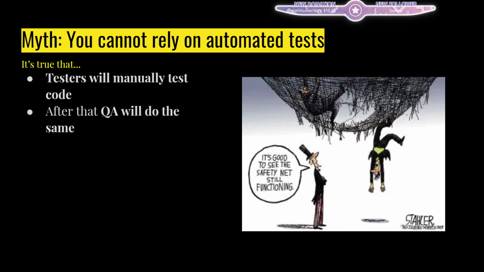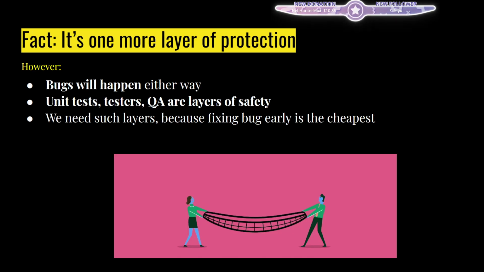Next, you cannot rely on automated tests because testers will manually test code. QA will do the same after the testers did that, and then it will be again interacted with in production. That's true.